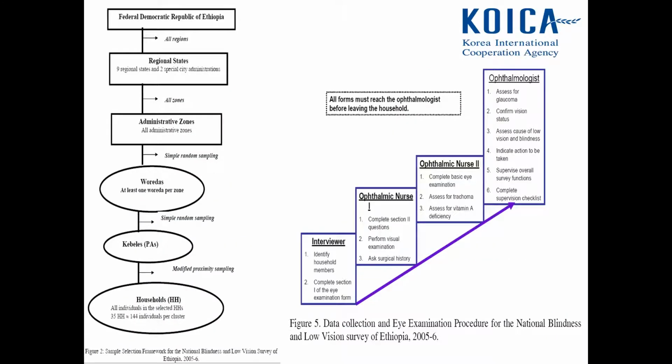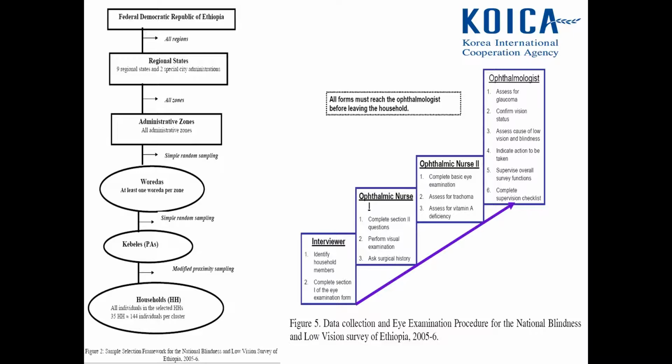In Ethiopia, the eye exam framework is like this procedure. The interviewer identifies the household members and completes an eye examination form. Then, at 25 cabinets or 25 warrants, two stages of nurses ask some questions and the history about eye surgery, assess frequent diseases like glaucoma or vitamin A deficiency, and check the visual acuity in the public health center.